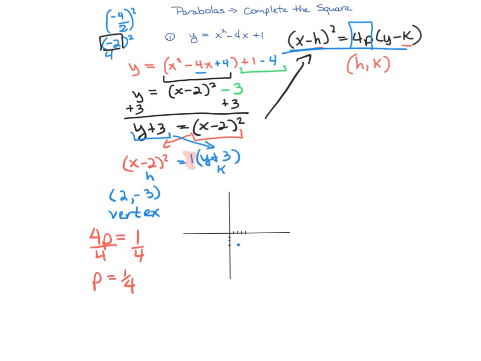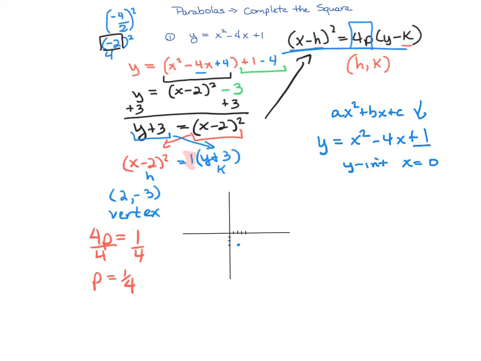Now, if you recall, when you have something in standard form like this, your y-intercept is your c. Remember, in standard form, it's ax squared plus bx plus c. So this is going to be my y-intercept. But again, if you're not sure, to find a y-intercept, we set x equal to 0.